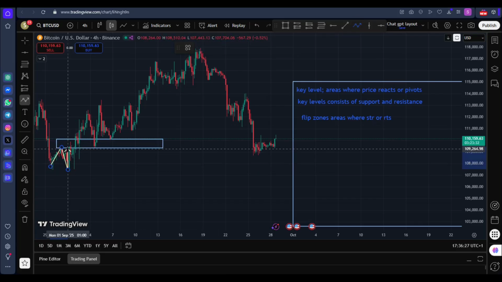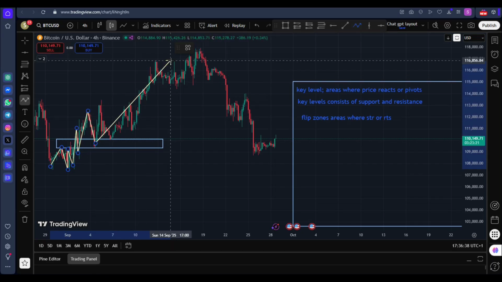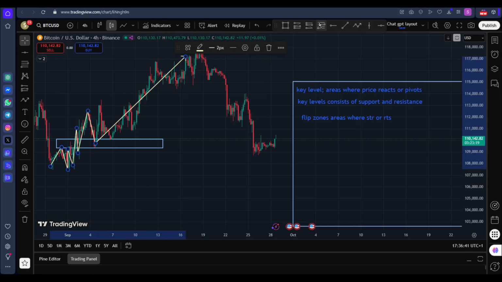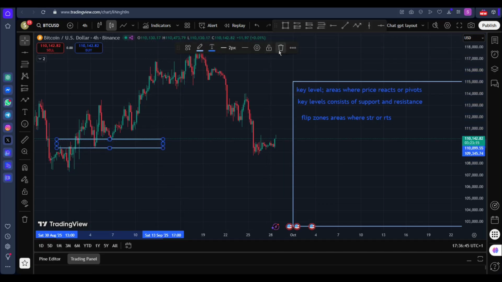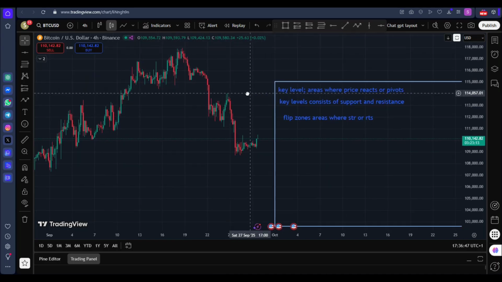You can see it from this simple move. Resistance broke out, pulled back in, completed its flip over here, and the rest was history.